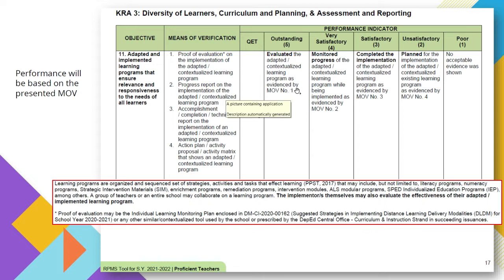So therefore, there is no need to submit MOV 2, 3, and 4 because we cannot actually reach the evaluation of the contextualized learning program without passing by this planning activity, action planning, accomplishment of the implementation, and progress report. So, MOV 1 alone is enough for you to get a rating of 5.